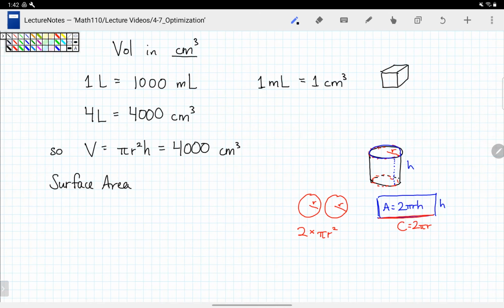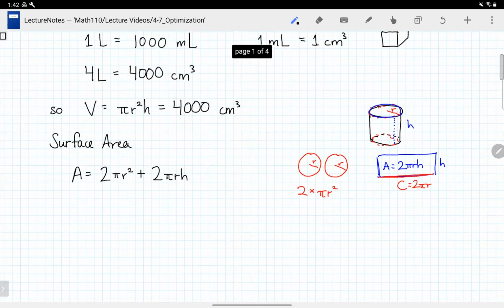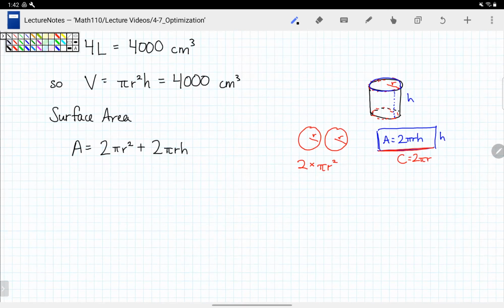So now the total surface area is, I'm going to have 2 copies of that circle where each one is area pi r squared, and then the rectangle is 2 pi r h. All right.